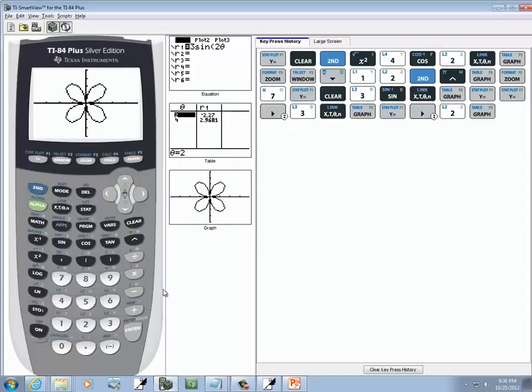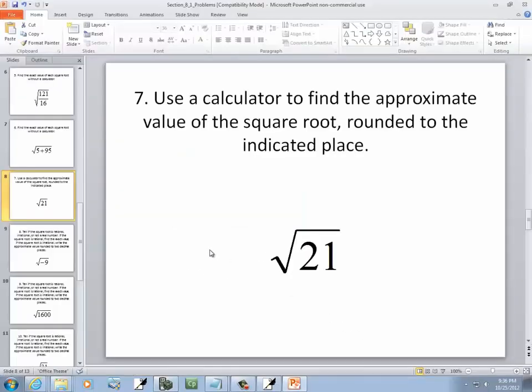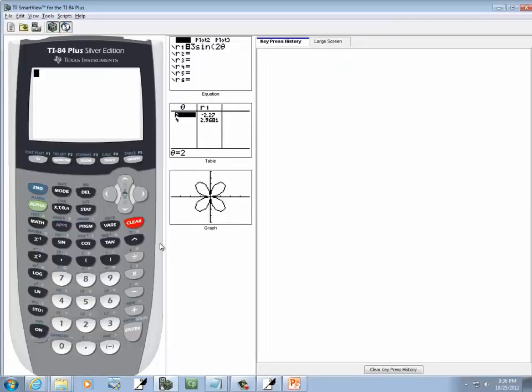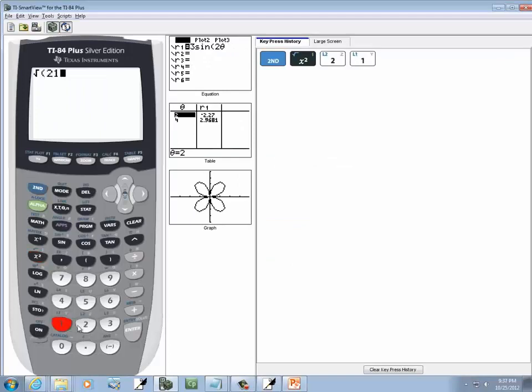So I bring up my calculator. Okay, so we're wanting a square root of 21. Well, this is on a TI-83, TI-84. Your calculator may be different, but I'm going to do a second x squared to get square root, and then I'll put in 21 and press enter.